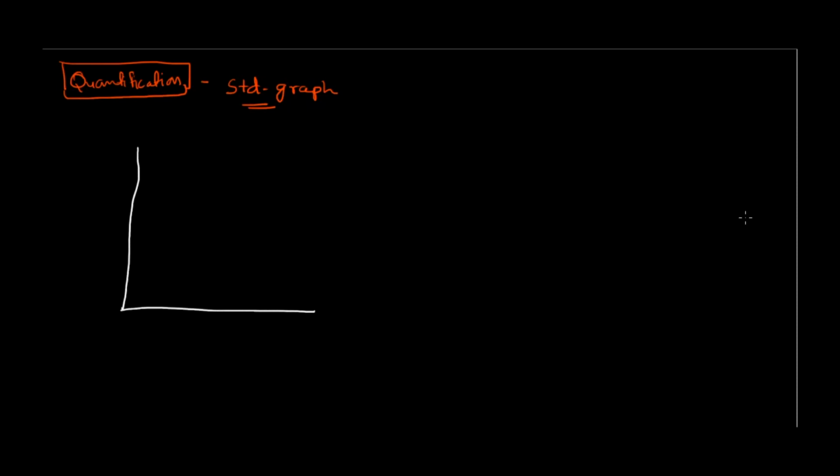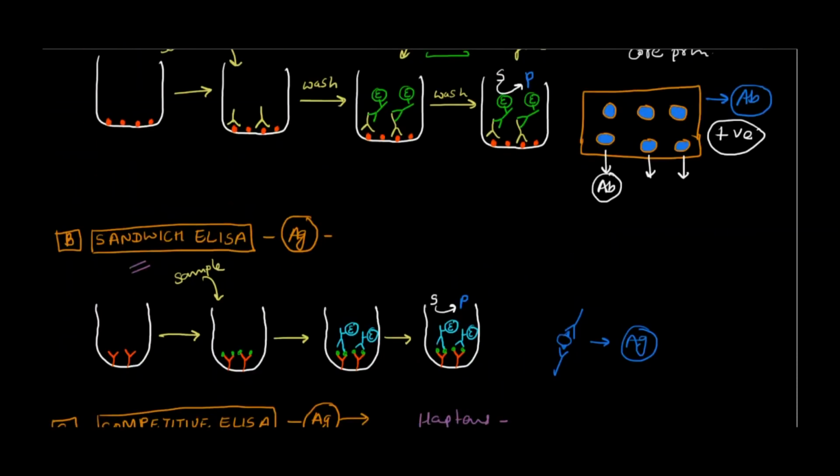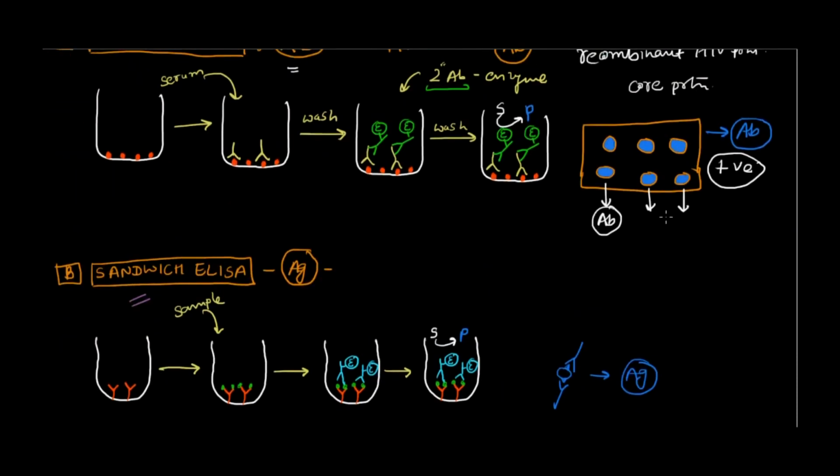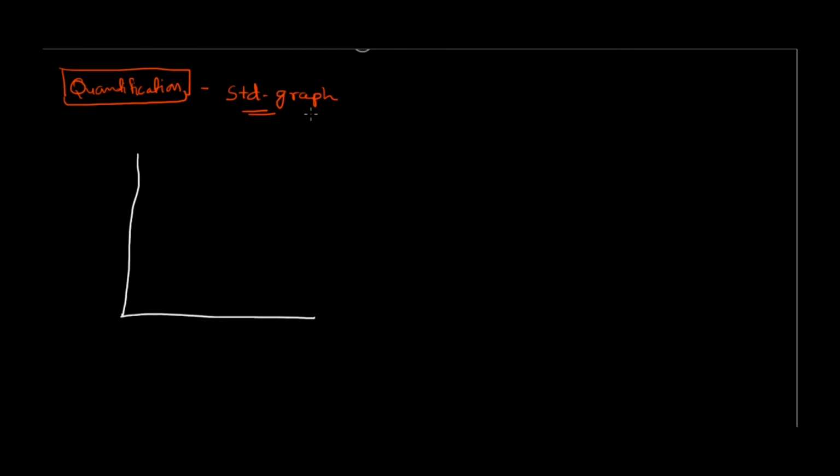Once the assay is done, once we have the plate ready with the color development, we take this plate into a specific ELISA reader, which, based on the intensity of the color absorbance, will give a particular optical density. So we'll get a particular OD at the end for every single well. So we produce a standard graph. If I'm working with some antibody, produce a specific standard graph for that antibody. Working with antigen, produce a standard graph for that particular antigen.